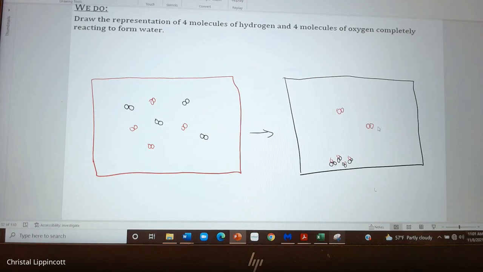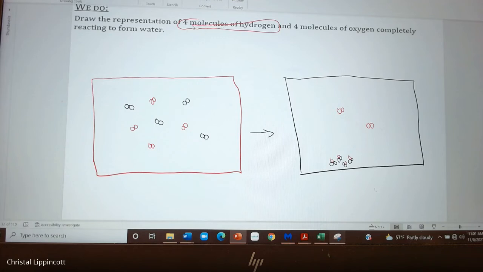All right, better? Yeah. All right. So this is going to be our liquid, randomly placed, disorganized, but down at the bottom. And then we've got our two gases up here. Now, notice where it said 4 molecules of hydrogen and 4 of oxygen.